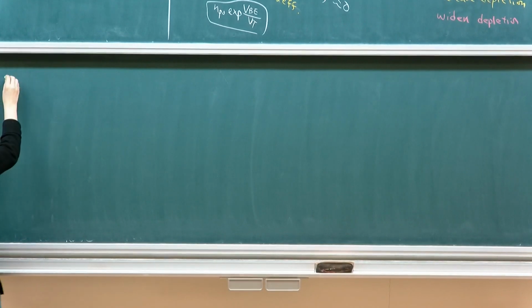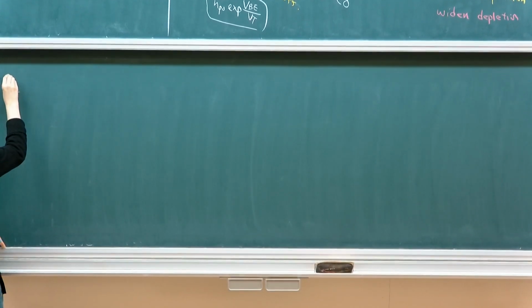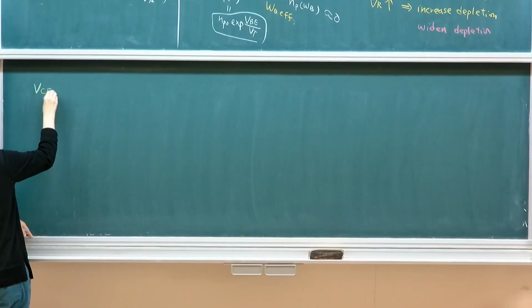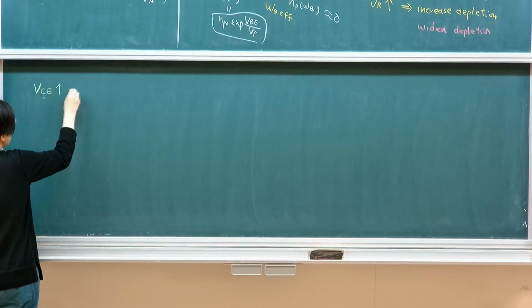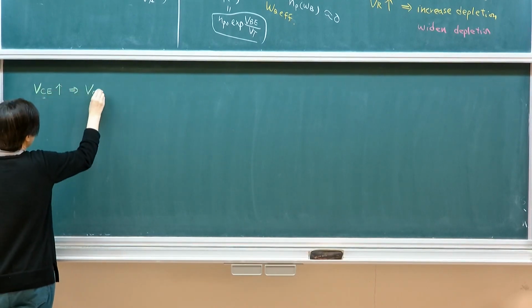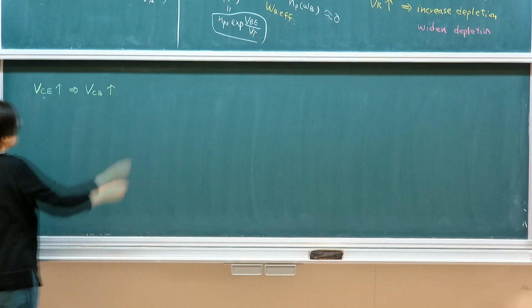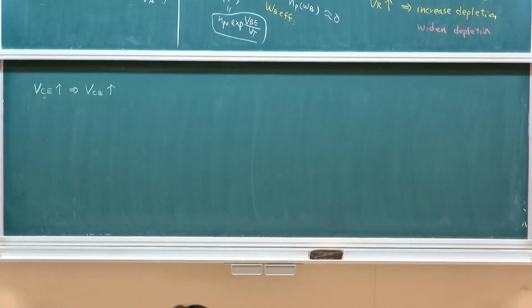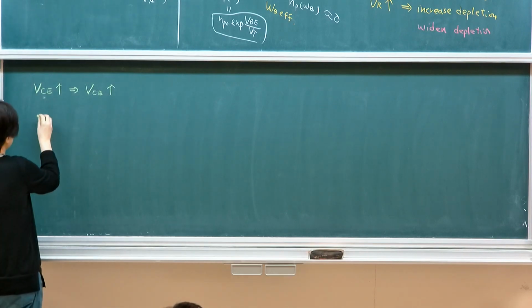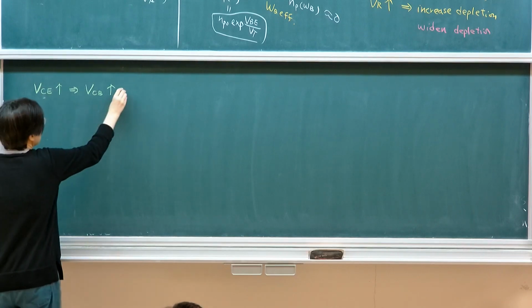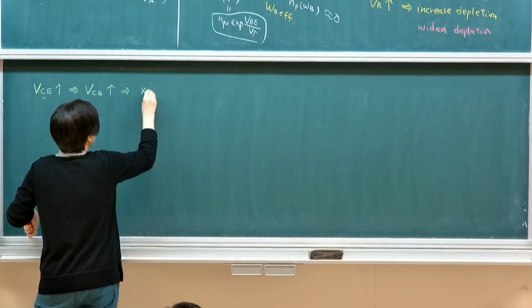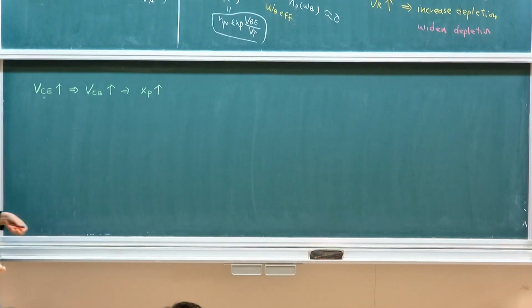So what happens is that once again, as VCE increases under a fixed VBE, your VCB increases. It's mainly when we increase our output voltage or collector voltage that your depletion region grows. The growth of the depletion region will then lead to the depletion region growing a little bit.